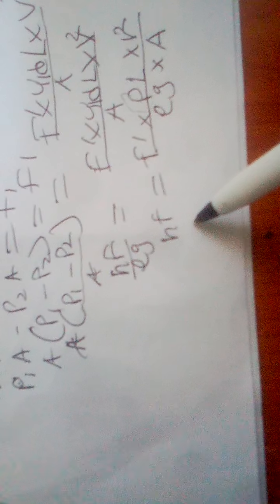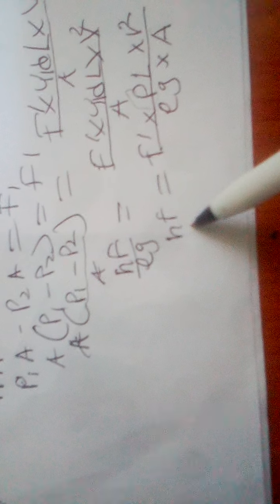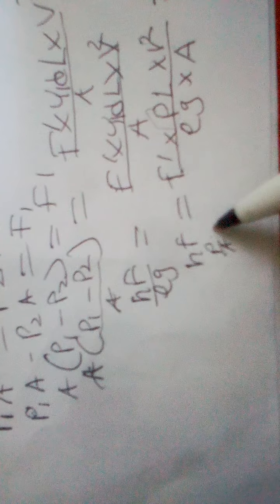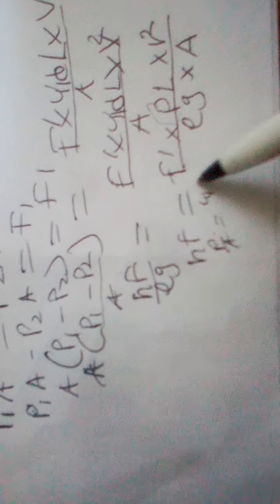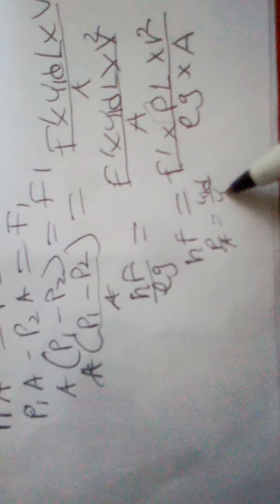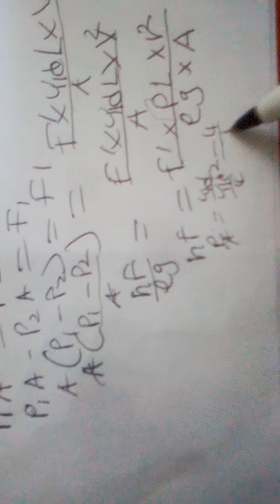The other thing we now find here is this one and this one: perimeter over area, which is pi d over pi d squared over 4, equals 4 over d.